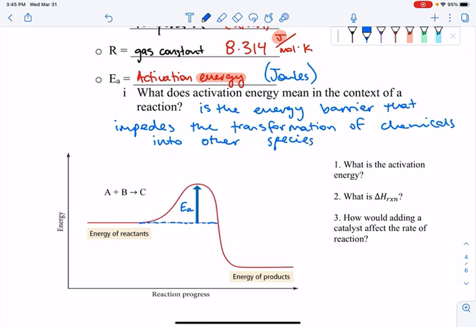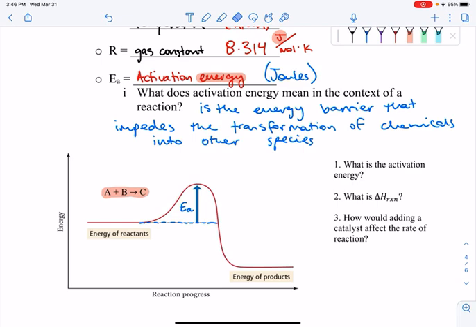So for A and B to combine here in this reaction to form C, they basically need enough energy to get over this hill. If they don't have that much energy, then you'll never produce any of C, right?